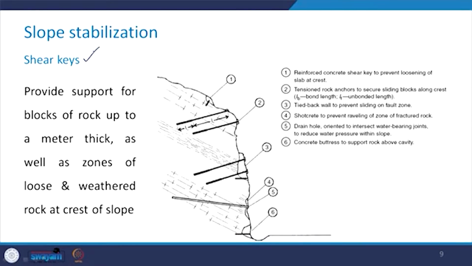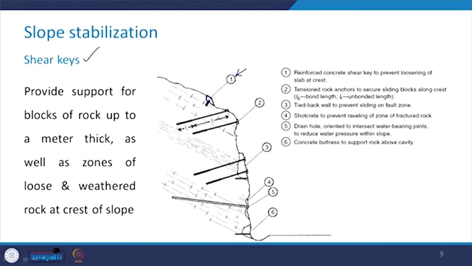So, the first type of reinforcement that I am going to discuss with you is the shear key. Take a look here, this first measure. You can see that this key has been plugged into the rock slope, where this portion was unstable.